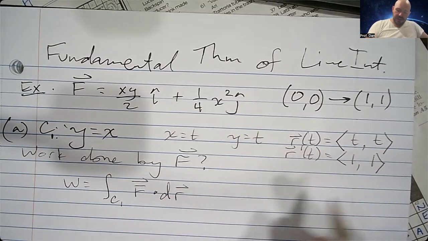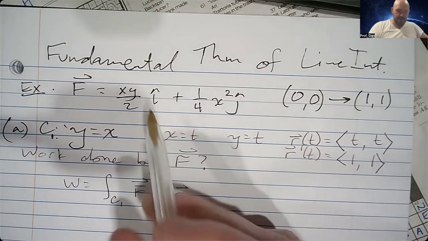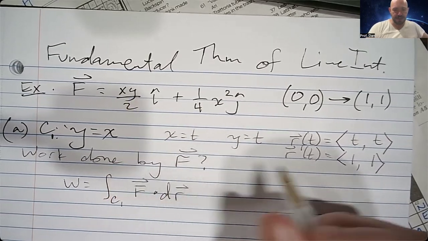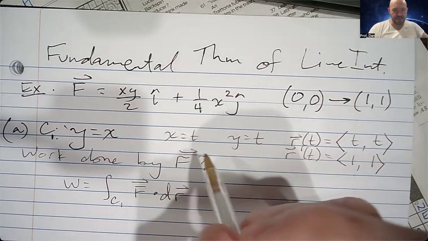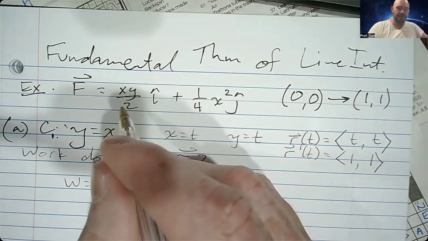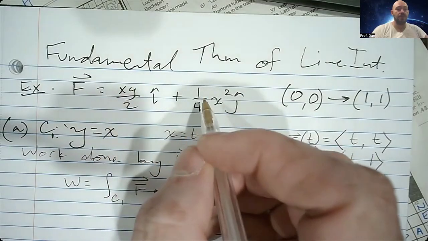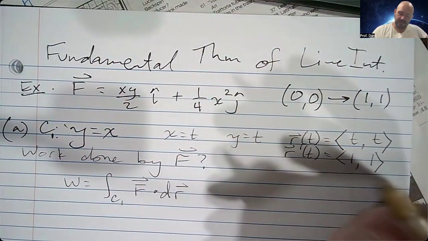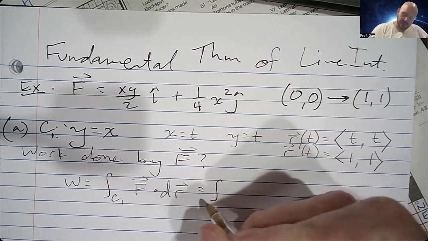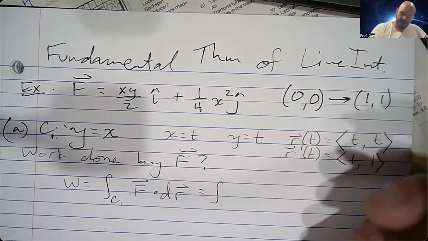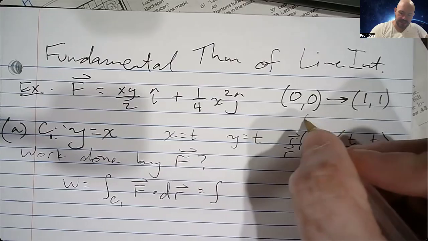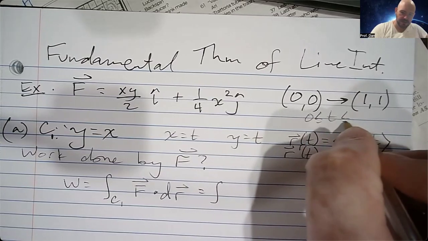The other thing I would need to do is make sure that I rewrite my force field F in terms of t. So if x and y are both t, then the i component would be t squared over 2. The j component would be 1/4 t squared. Keeping in mind that we also need to figure out the values of t. If we're going from 0, 0 to 1, 1, that means that t is going to take on values between 0 and 1.